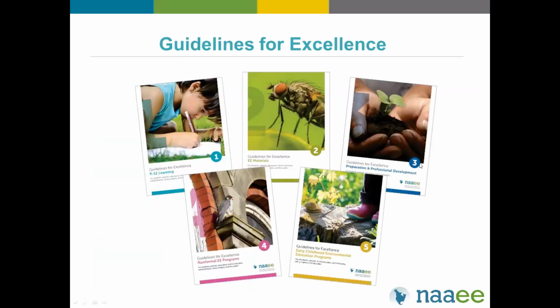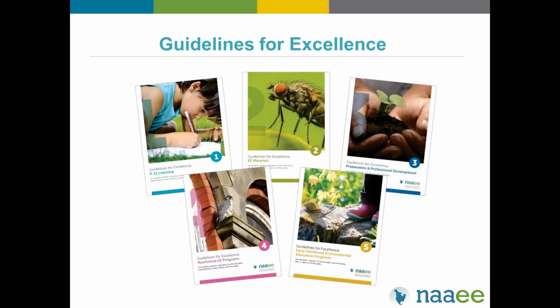So the Guidelines for Excellence is part of the National Project for Excellence, which is an initiative of NAAEE. Along with these brand new community engagement guidelines, we've published 5 additional sets of guidelines in this series.